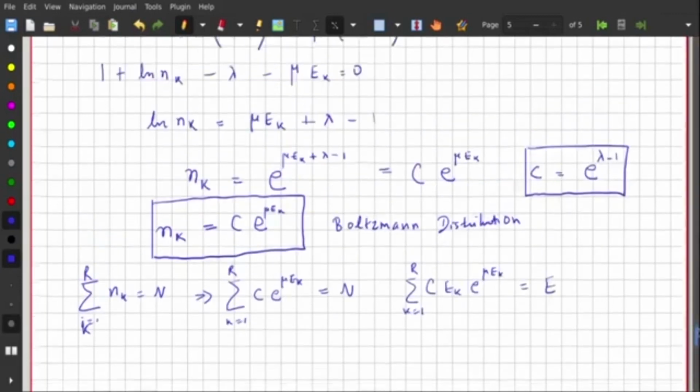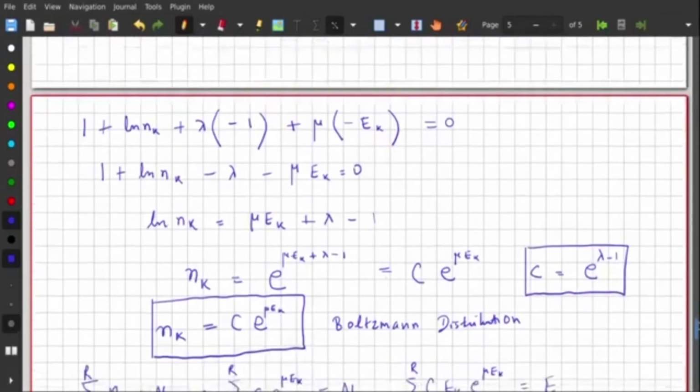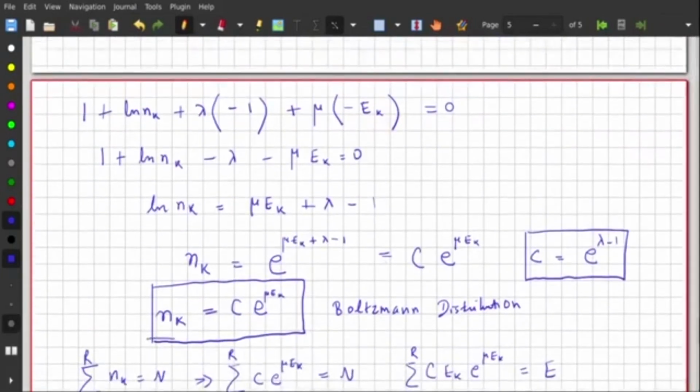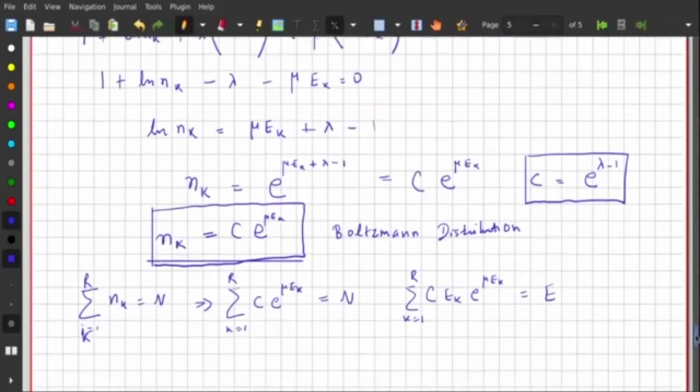Based on these two constraints, the constants could be figured out, but this was the expression that we were looking for, the distribution of particles.